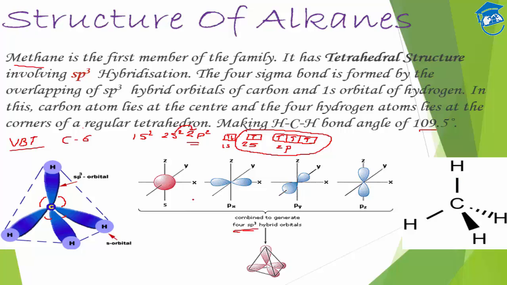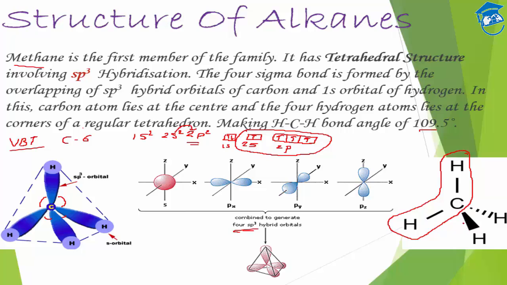We'll put two bonds in the plane of the paper, and represent them by a line. So carbon, hydrogen, then line. These two, the H-C-H bonds, are on the plane of the paper.